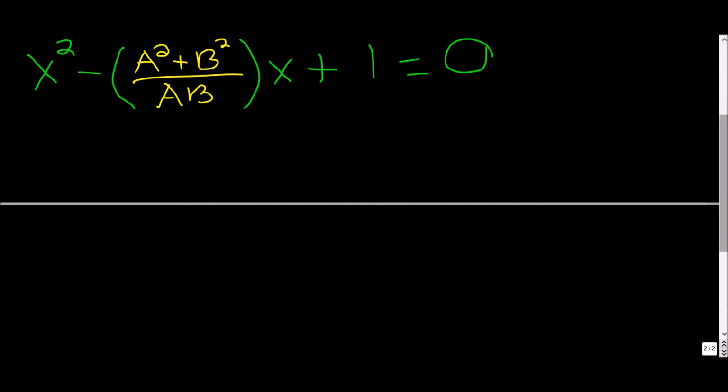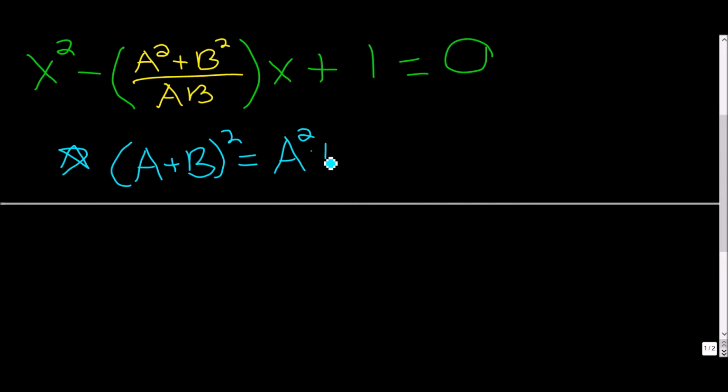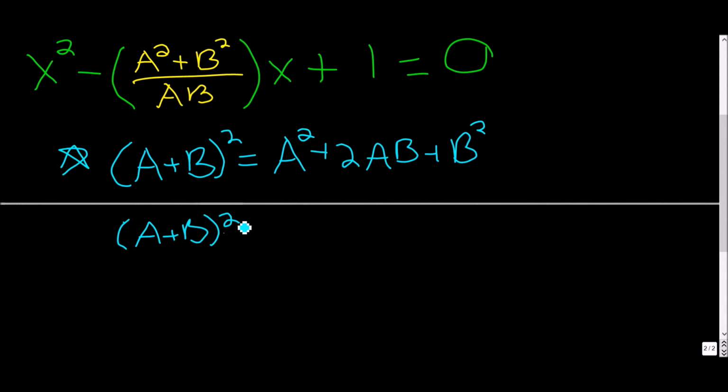At this point, the only thing we don't know is alpha squared plus beta squared, but remember we had this note earlier. We said that alpha plus beta squared is going to give us alpha squared plus 2 alpha beta plus beta squared. And so we found ultimately that alpha plus beta squared minus 2 alpha beta equals our alpha squared plus beta squared.